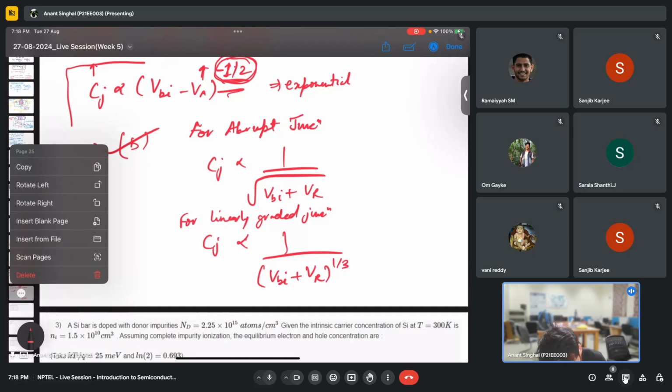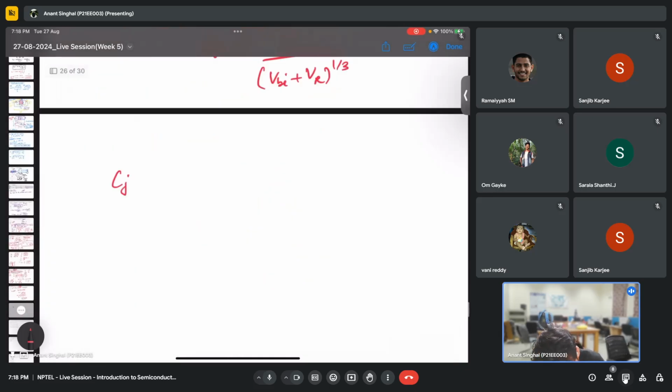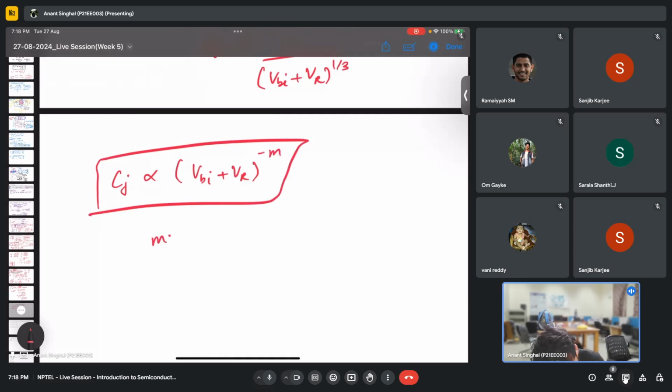So in general, Cj is directly proportional to (Vbi plus Vr) raised to the power minus m, where m is equal to 1 by 2 for an abrupt p-n junction and m is equal to 1 by 3 for linearly graded p-n junctions.